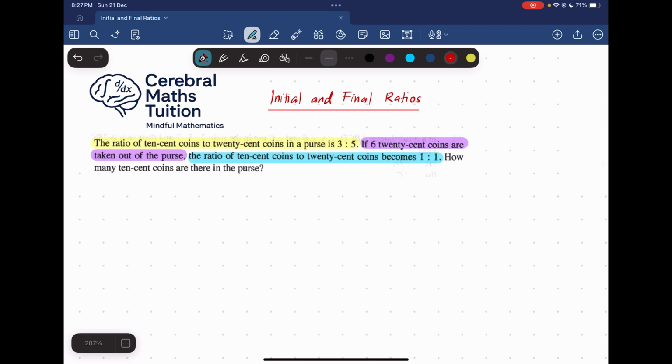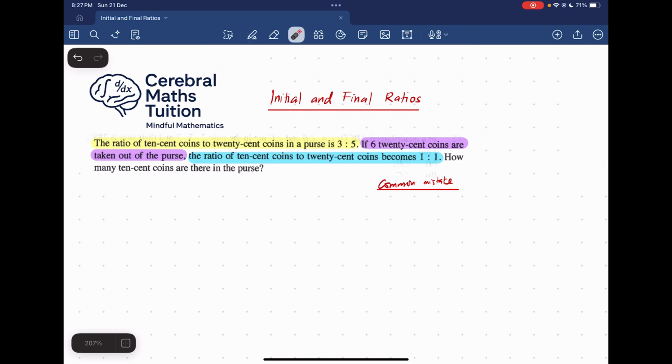So this question involves number of 10-cent to 20-cent coins. The common mistake, or the intuitive way that students like to start this question, which is also a mistake, is to see that 6 20-cent coins are taken out of the purse. Focusing on 20-cent coins, they see this number 5 here.